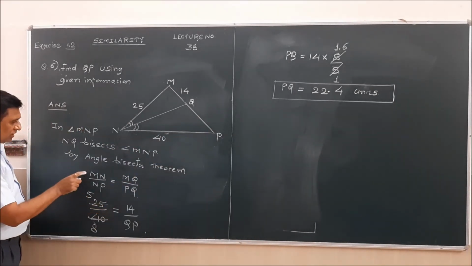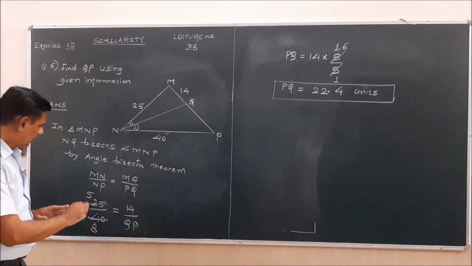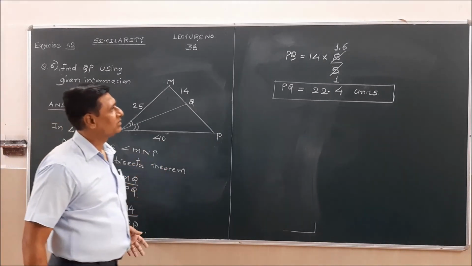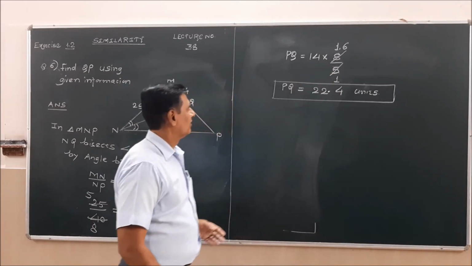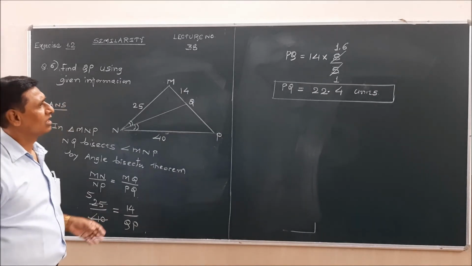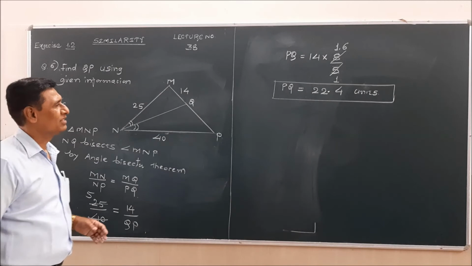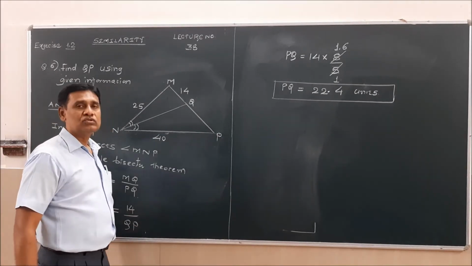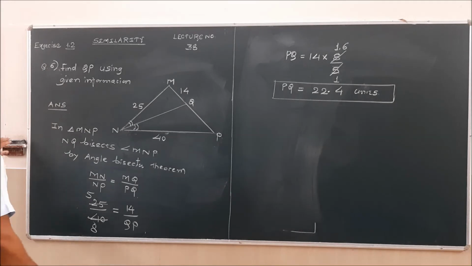See, same things. 25 upon 40, 5 5s is 5 here. 8 upon 5, after taking reciprocal, you surely find 5 ones are 5, then 5 6s are 30, and then 16 fours are 64. 16 plus 6, 22. So 22.4, that is PQ.